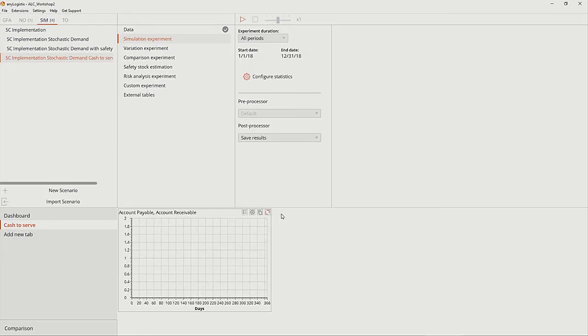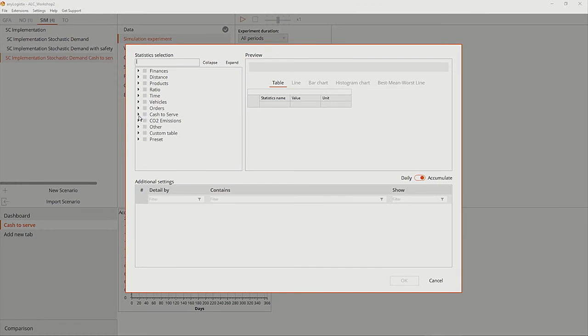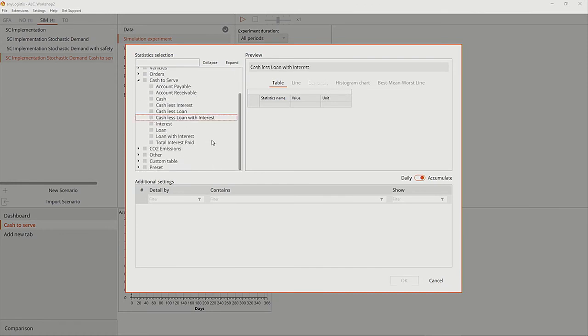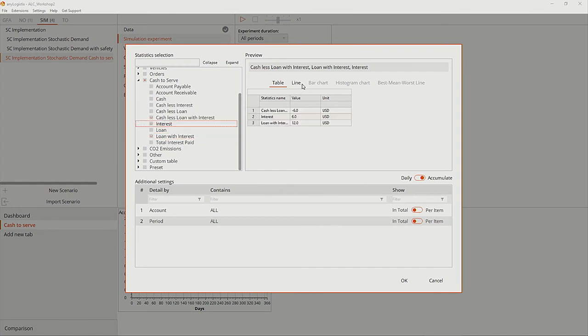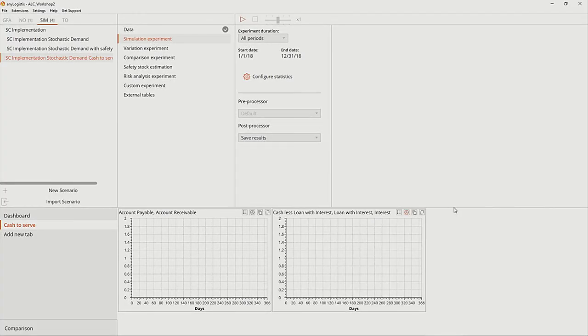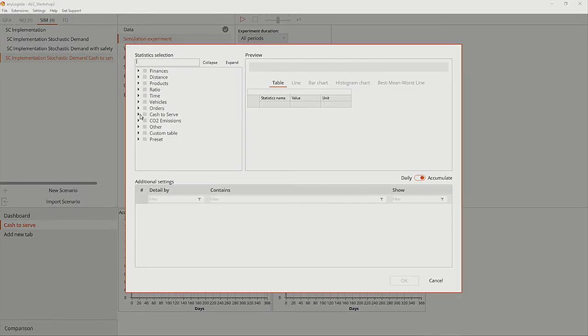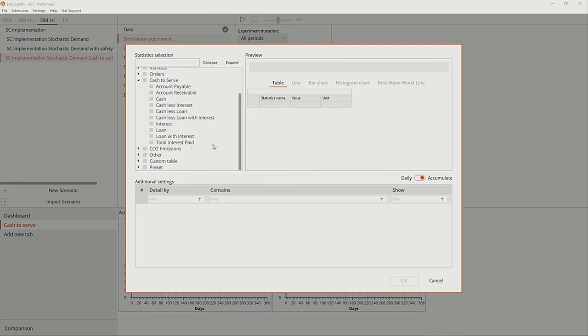I will also add our cash dynamics together with loan plus interest and interest separately. And again, I will make it as a line. And as a third statistic, I will add total interest paid, because that's where we lose money, right? We take a loan and then we return it with a certain interest amount.